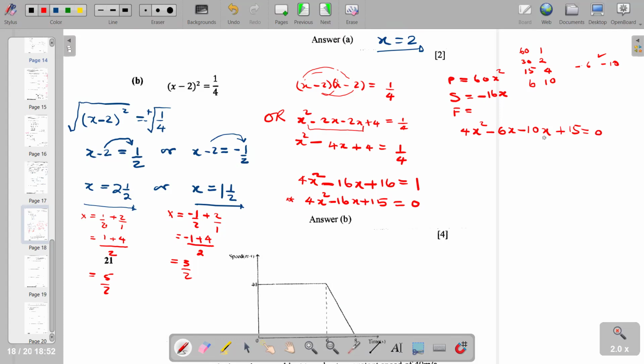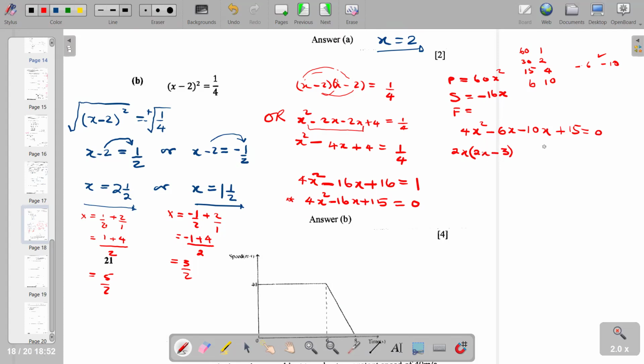Then we can factorize this by grouping. So here our common factor is 2x, and we are left with 2x minus 3 in the bracket.